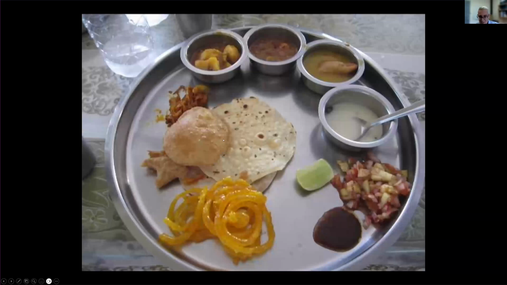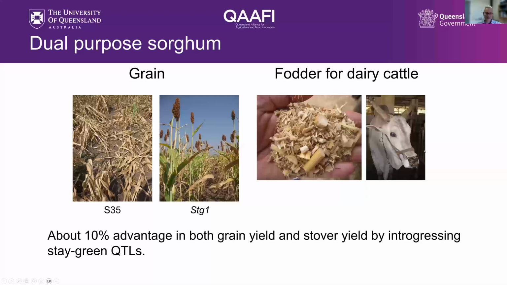It's a roti, a flatbread made out of sorghum. You might have a yogurt, and that can be from the dairy cattle that feed on sorghum plants in that area. So the project we had was looking at dual-purpose sorghum, particularly grain sorghums, and looking at the integration of various stay-green QTL into elite material.